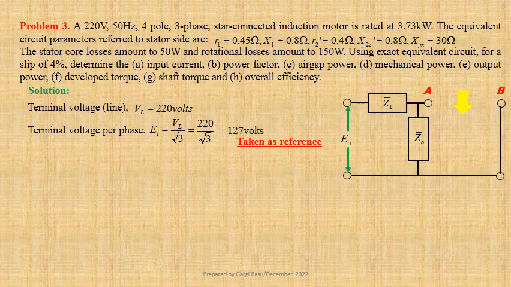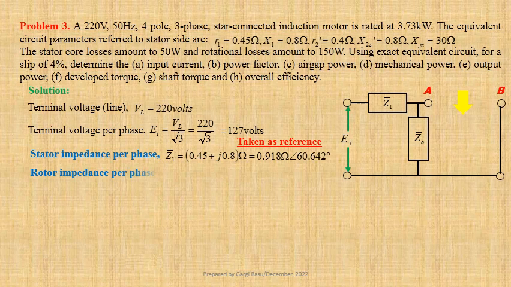We have obtained stator impedance per phase Z1 equals 0.45 plus j times 0.8 ohm. This may be written in polar form as 0.918 ohm at an angle 60.642 degree.